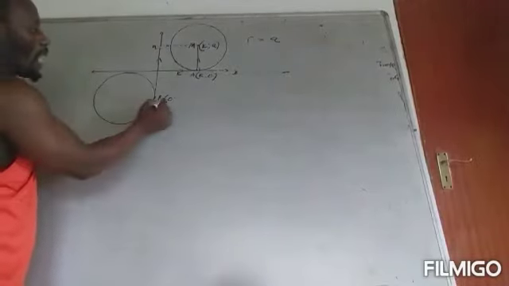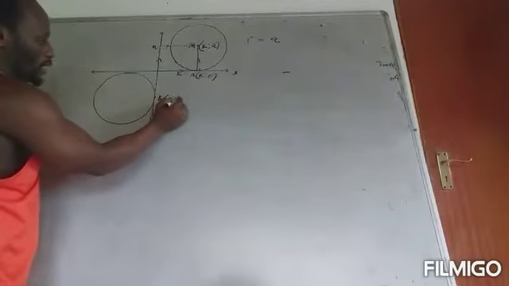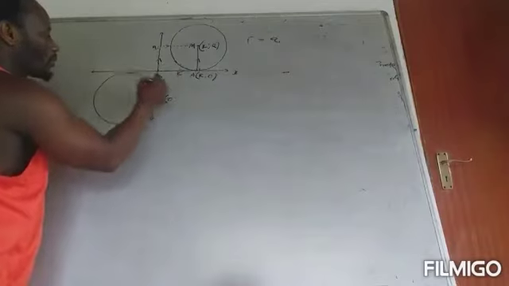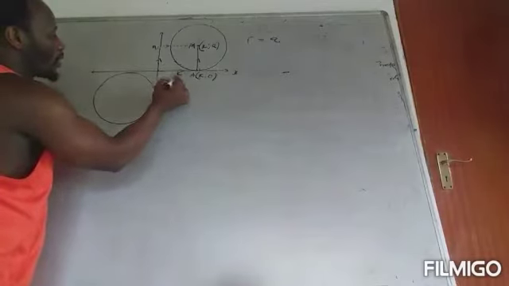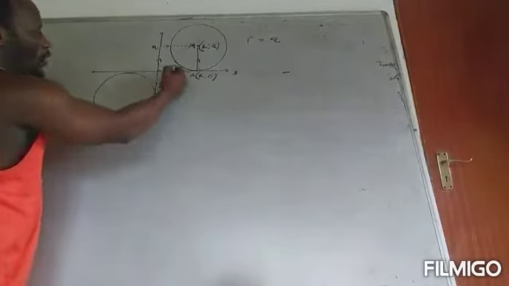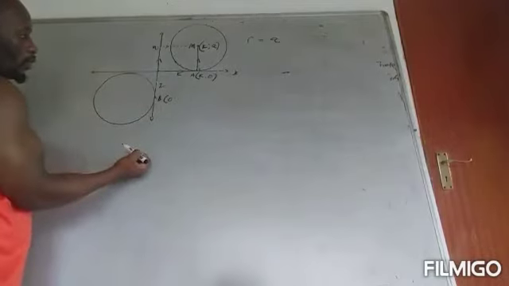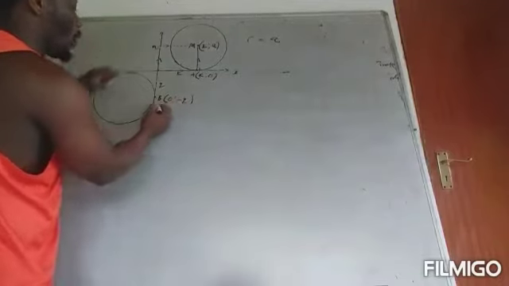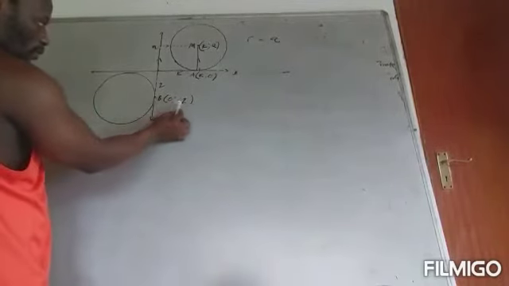What about the y-coordinate? Let's say from here to here is 2 units, so we have minus q as the y coordinate of this.